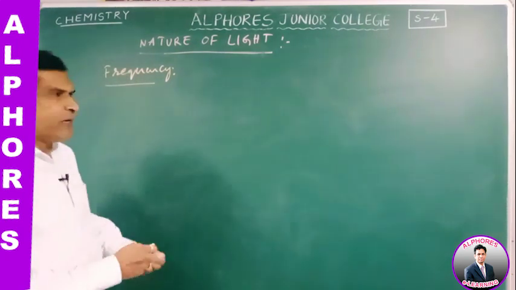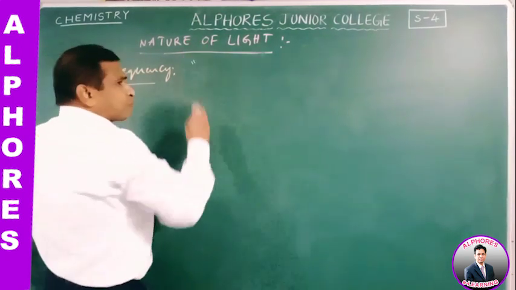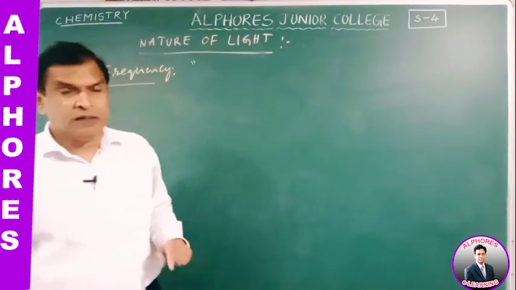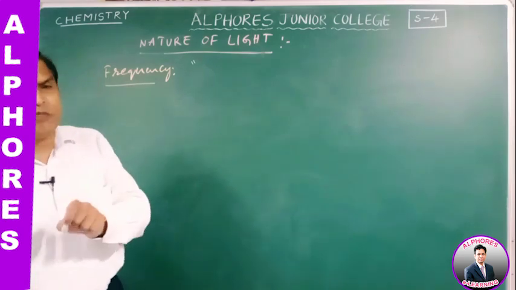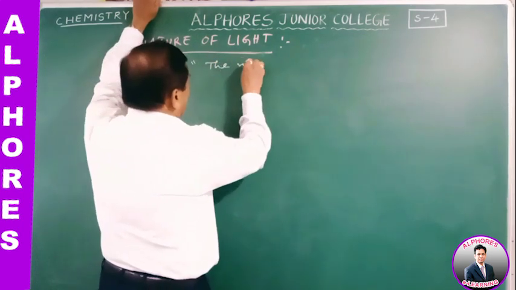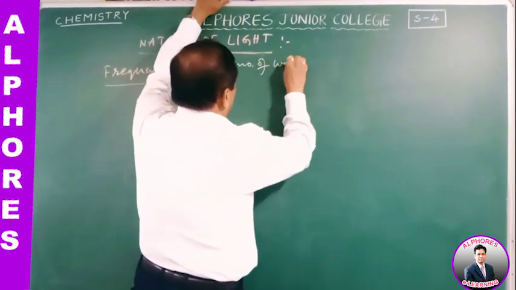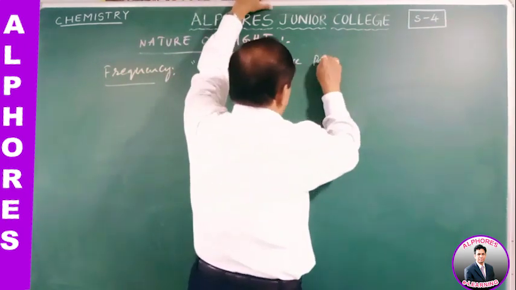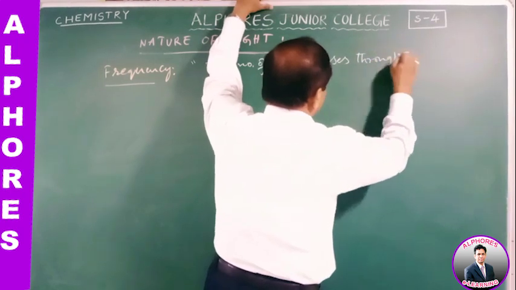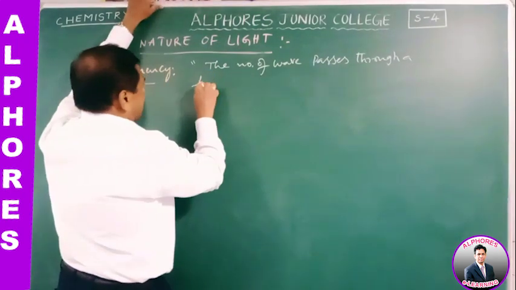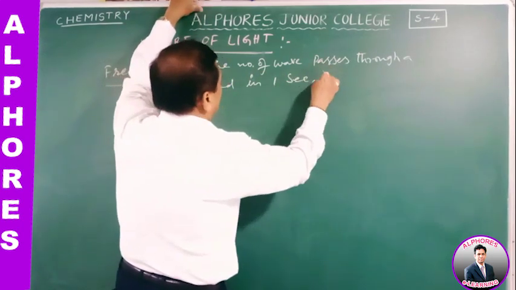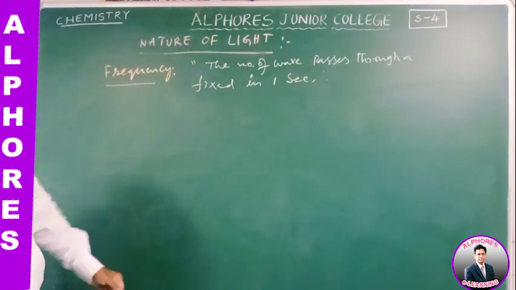So frequency can be defined as the number of waves that pass through a fixed point in 1 second. The number of waves passing through a fixed point in 1 second is known as the frequency of the light.